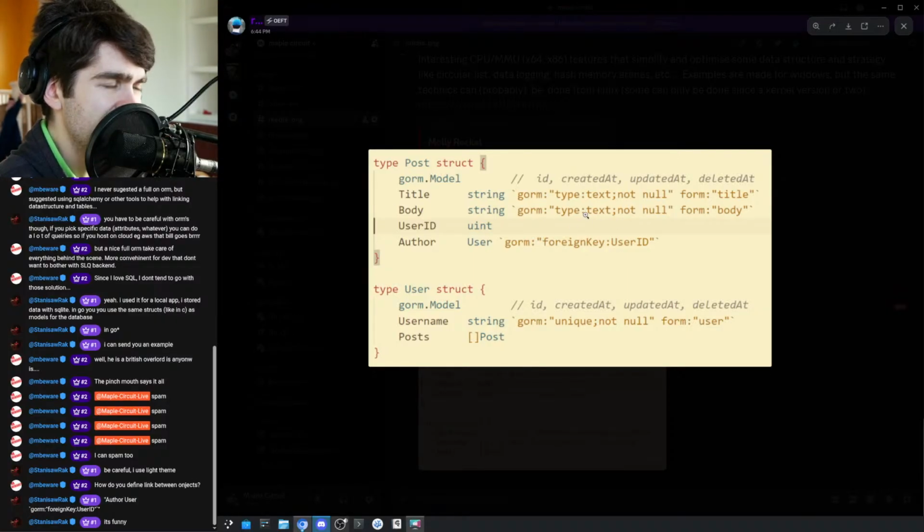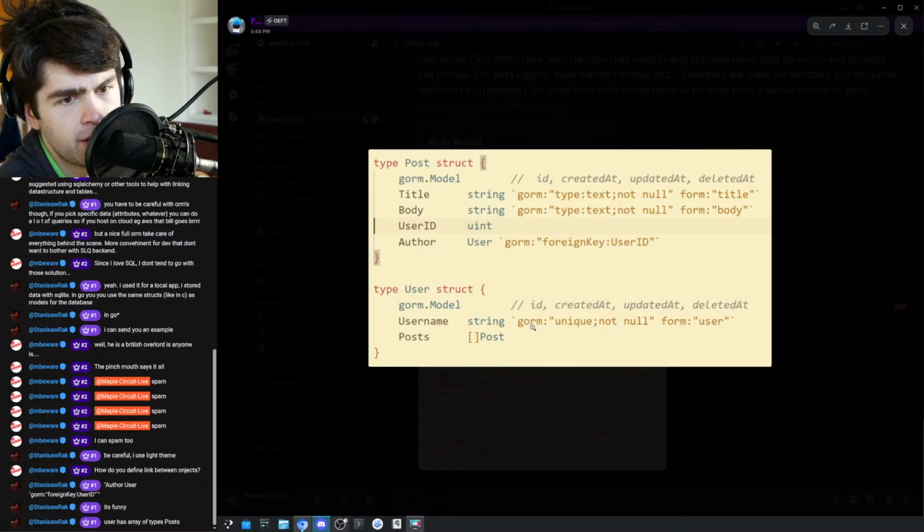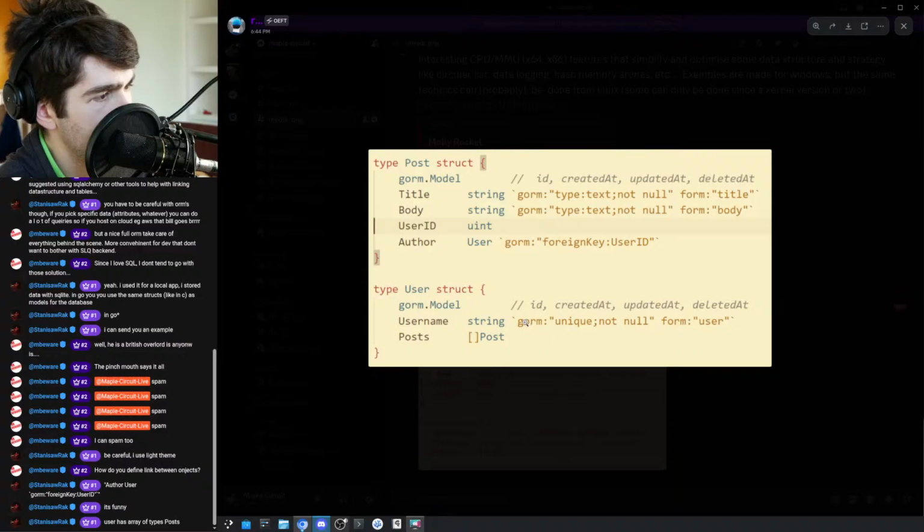I kind of did this whenever I was using named tuples. User has an array of type posts. Yes. Oh, you were talking about links. Okay, yeah, that makes sense as well.